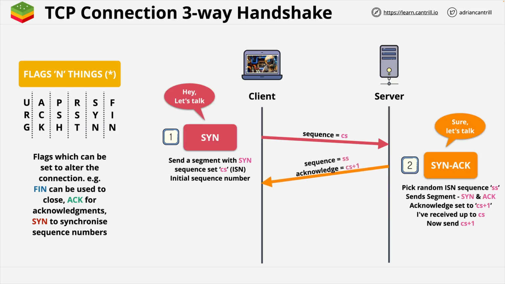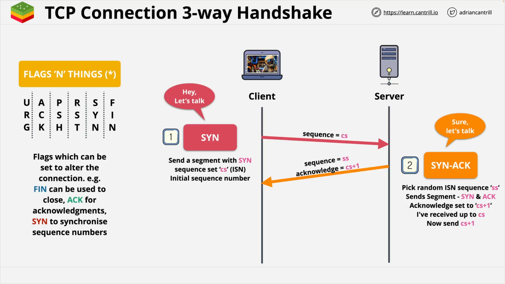The server receives this segment and it needs to respond. It also picks its own random sequence number, which we're going to refer to as SS, and it picks this, as with the client side, randomly. Now it wants to acknowledge that it's received all of the communications from the client. So it takes the client sequence number received in the previous segment, CS, and adds 1. It sets the acknowledgement part of the segment that it's going to send to this CS plus 1 value.